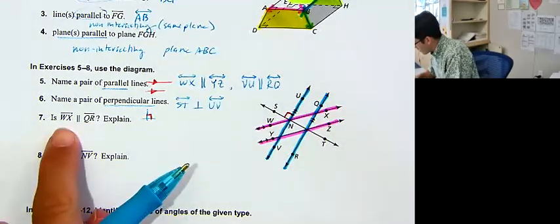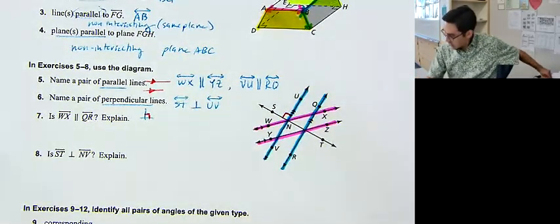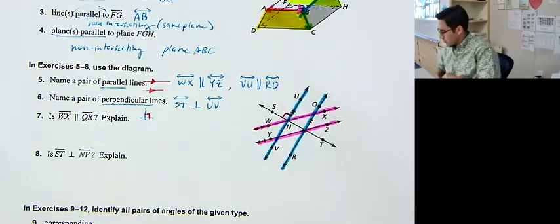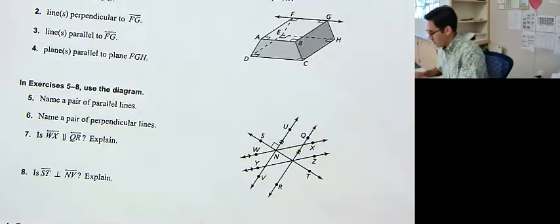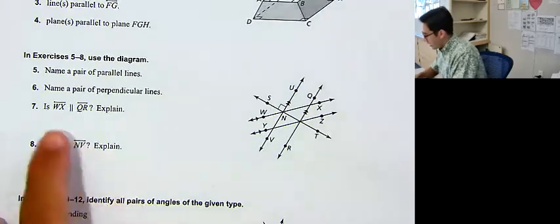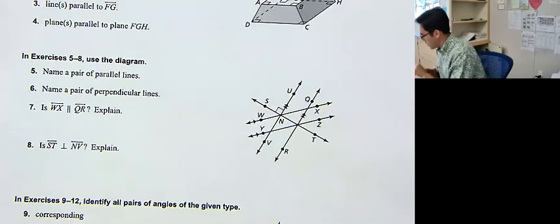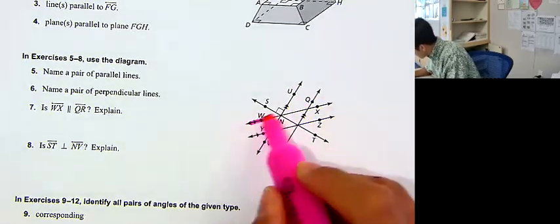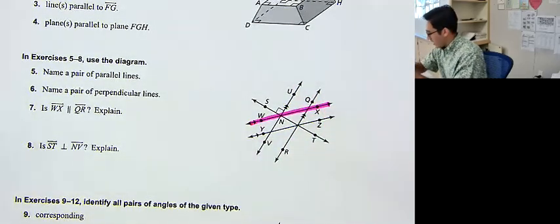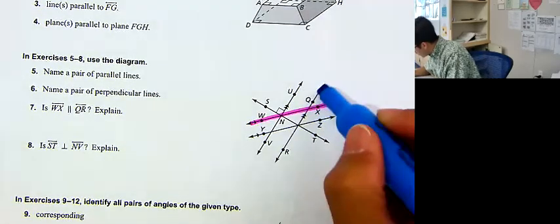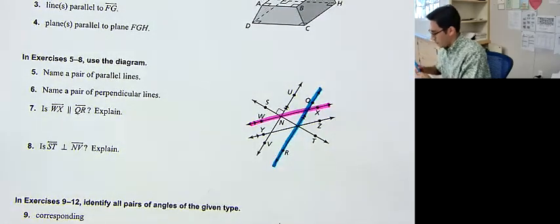Let's look at number 7. Actually, it's got a lot going on here. I'm going to switch over to a fresh sheet. Okay, so we're on question 7. Is WX parallel to QR? WX is right here, and QR is right there.